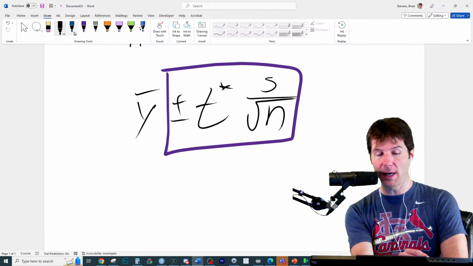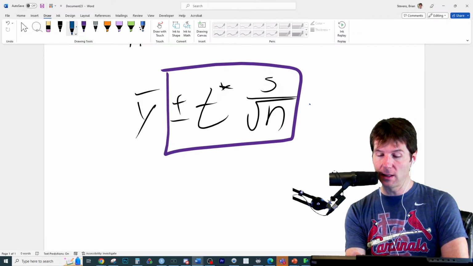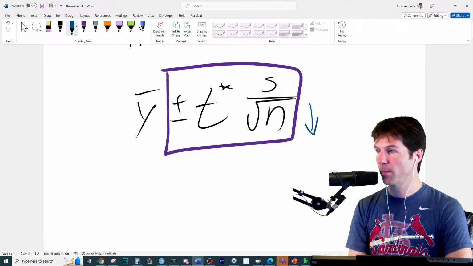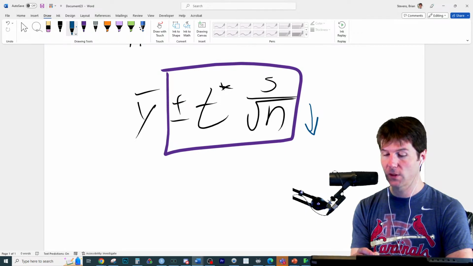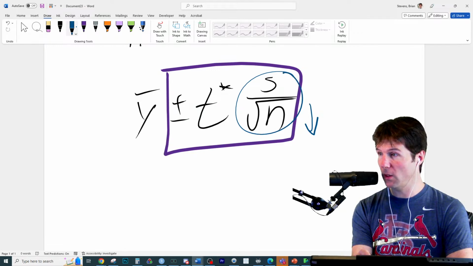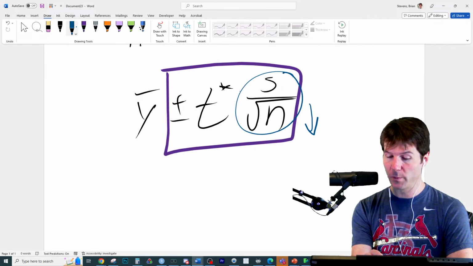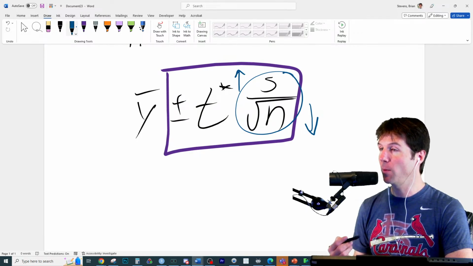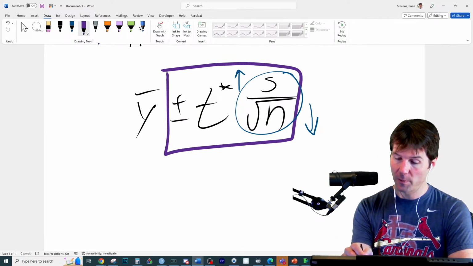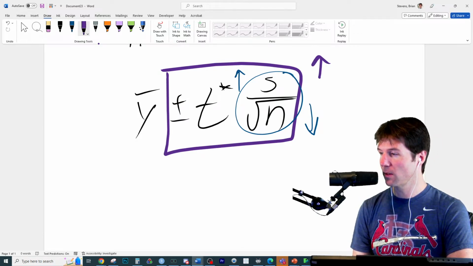So if n decreases, then what? For smaller n's, this quantity will be bigger. And if this quantity is bigger, because it's a smaller number on the bottom, that would make the margin of error bigger. Does that make sense?